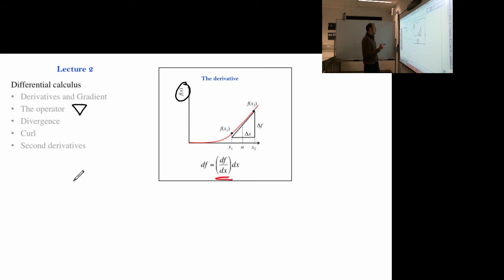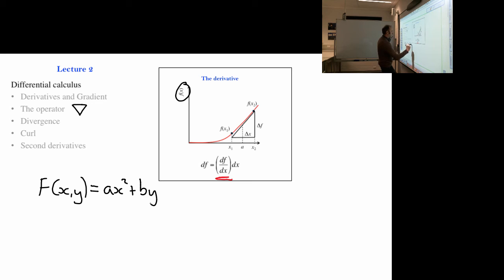Suppose we have some function f which depends on x and y, and this is equal to ax squared plus by squared. What we want to do is determine how this function, which depends on x and y, is going to vary with respect to x and how it will vary with respect to y. As I said, these are called partial derivatives.